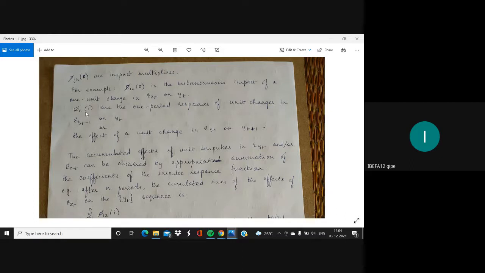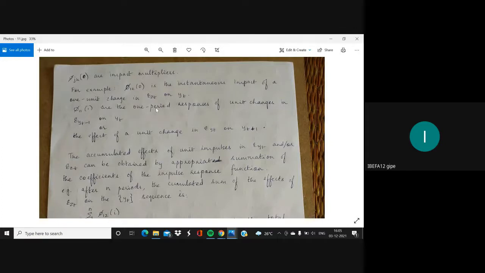Now, similarly, if you look at phi 11(1), in brackets you have 1. This is the 1 period response of a unit change in epsilon yt minus 1 on yt. If you look at the subscript here, which is 1 1, it's telling you the impact of a shock to the structural error term associated with yt, epsilon yt, on yt itself, but 1 period ahead.